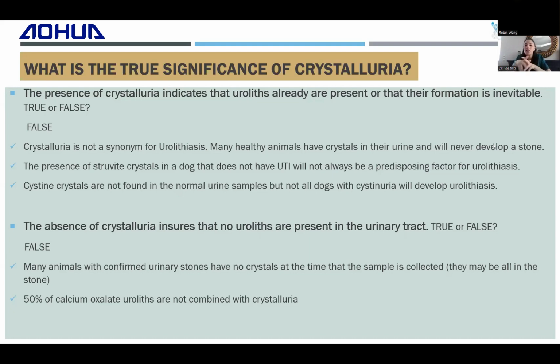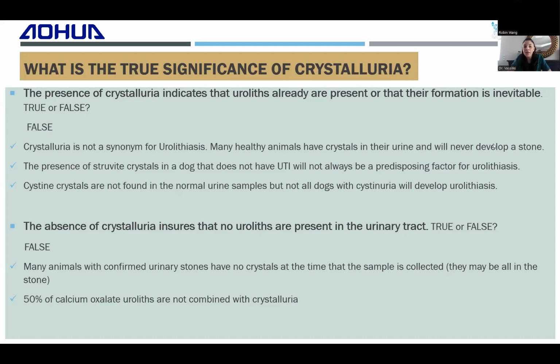If we have crystalluria, does it really indicate that we already have uroliths, or that the formation of uroliths will happen over the next months or period? And of course, this is false. In many urine exams, in urinalysis, we can see crystalluria, but this is not a synonym of urolithiasis.